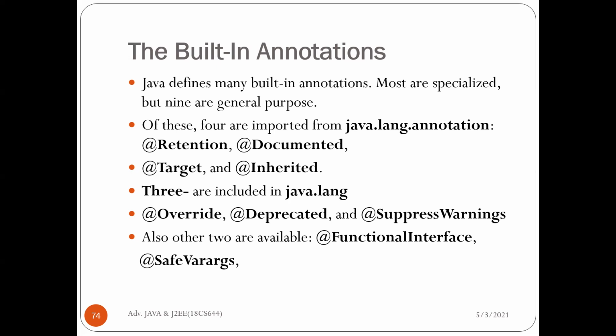So these are the 7 annotations that are present in Java 5, that is JDK 5. From JDK 8 onwards, 2 more additions are done: the functional interface and safe varargs. So these are the 2 additional annotations.